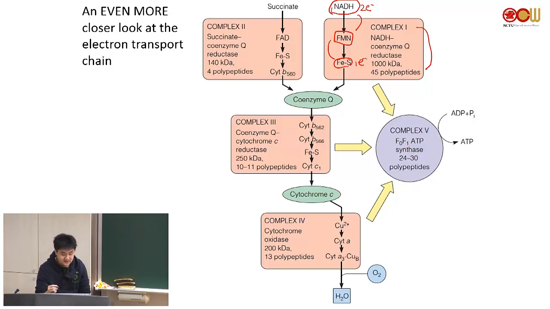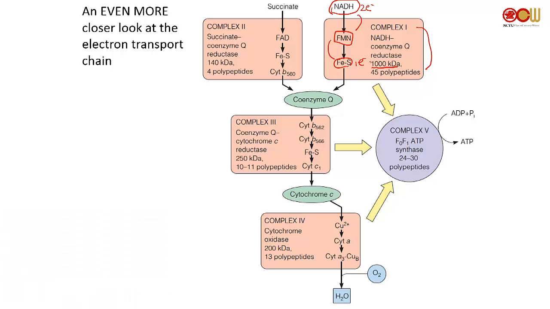And what you should also notice is that these enzymes are huge. 1,000 kDalton. That's pretty big. It actually has 45 polypeptides inside. So it's a complex.